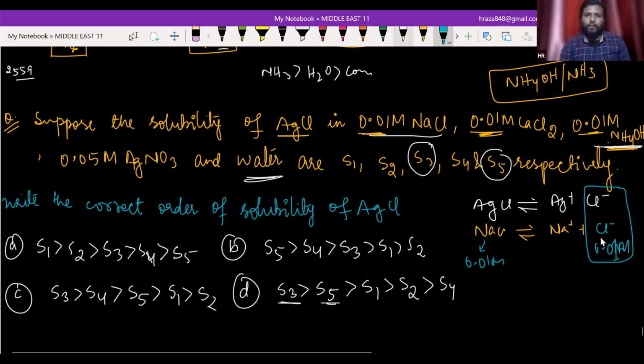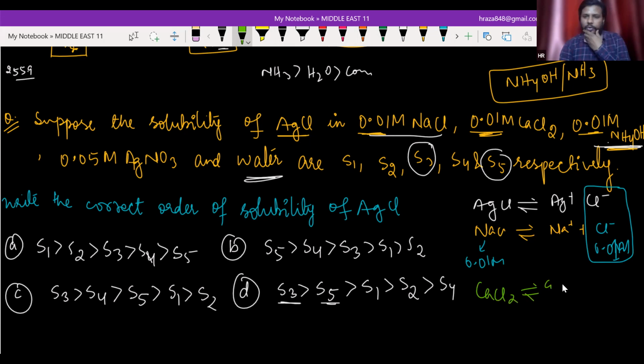Now, if you watch carefully, CaCl2 will give Ca2+ plus 2Cl minus. I'm going to explain it again. What is the concentration of CaCl2? That is 0.01 m. But this has a stoichiometric coefficient of 1 and this has a coefficient of 2.